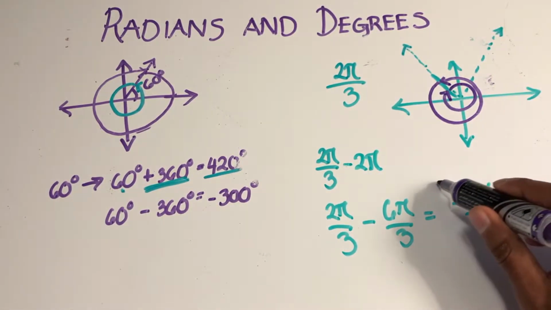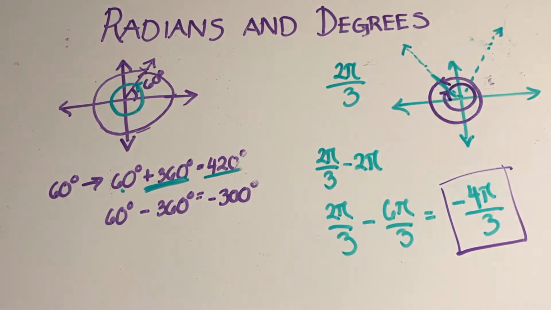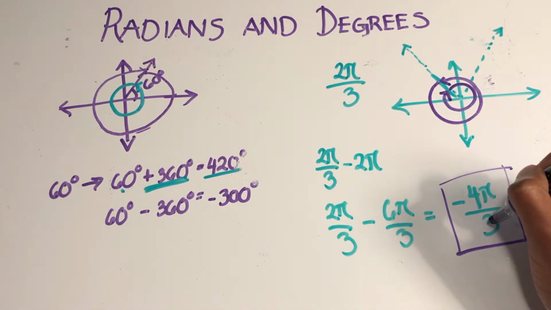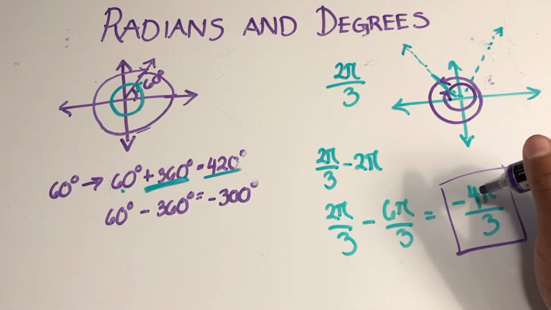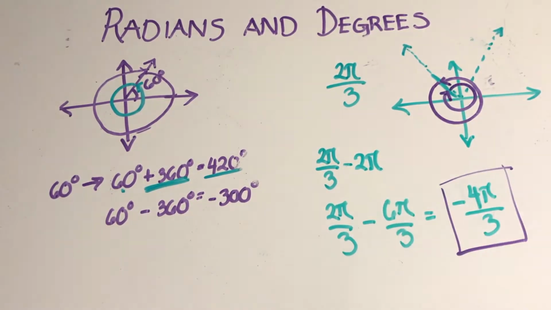This would be negative 4 pi over 3. So two coterminal angles of 2 pi over 3 are negative 4 pi over 3 and 8 pi over 3.